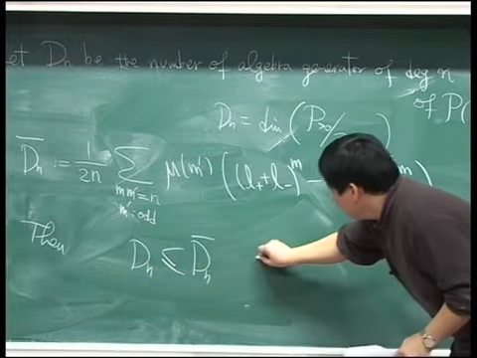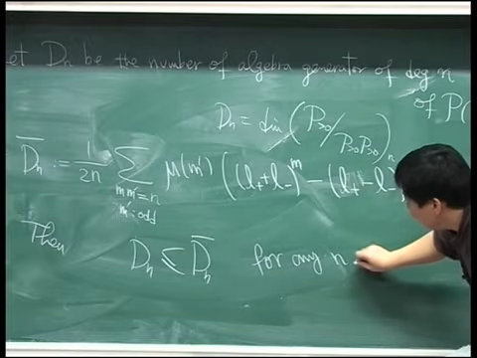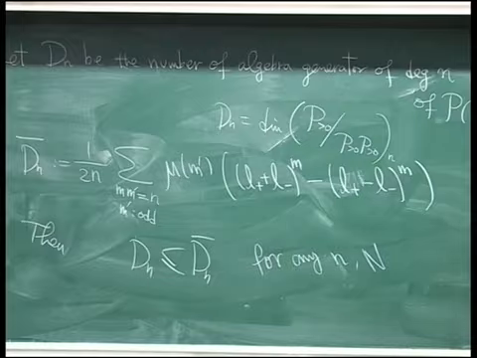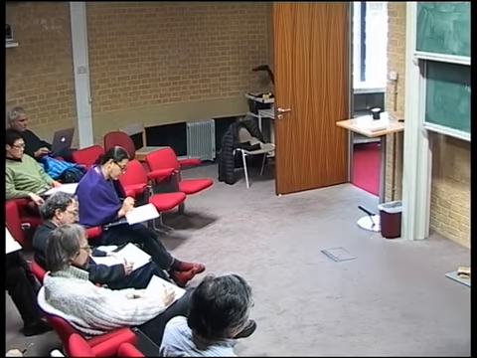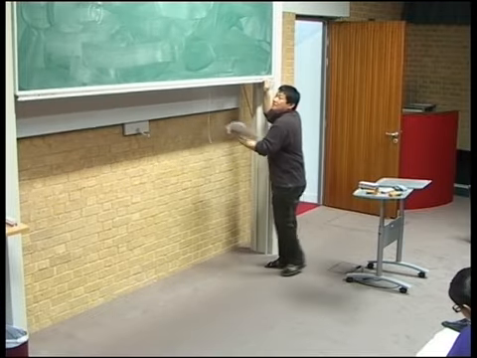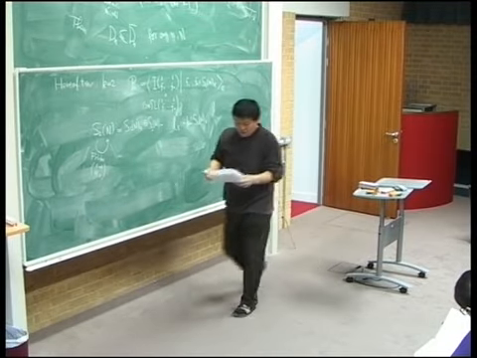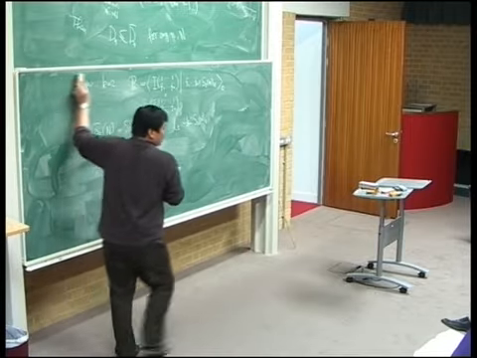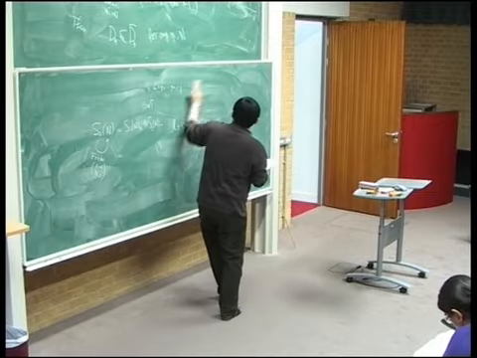For any small n and also capital N. So as a corollary, we can get the upper bound of the dimension of each period space.